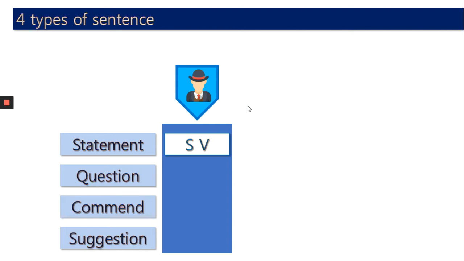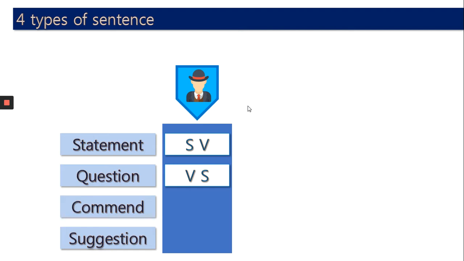So when the sentence has the word order of subject and verb, that is a statement in English. How about questions? When there is an inversion between the verb and subject, like are you, do you, will you, that is a question.